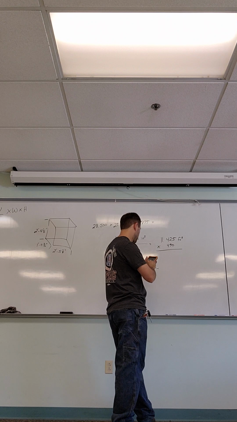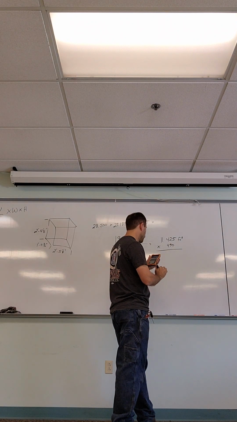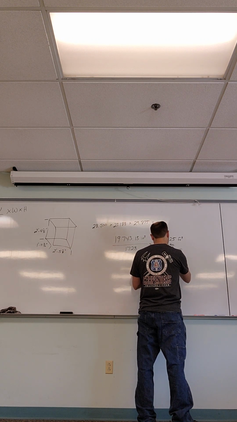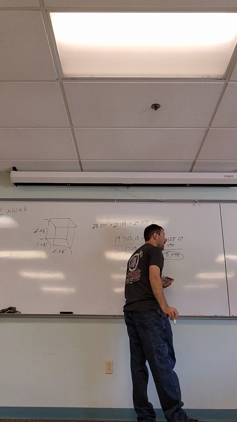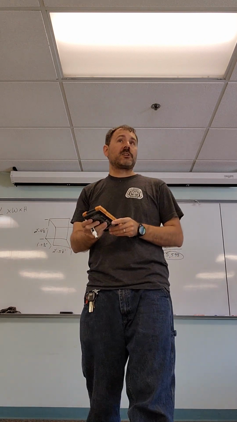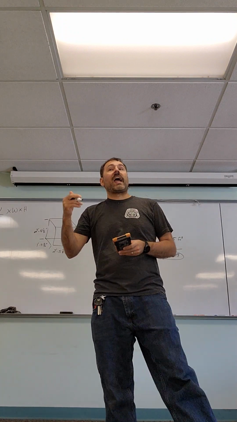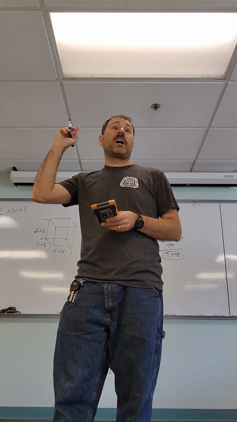So 11.425 times 490 is going to give you a weight of 5,598. And I know that if you didn't remember we're rounding to the nearest whole. So if you were like, wait, there's a 0.25 there. Anything that's 5 or higher is going to round up.